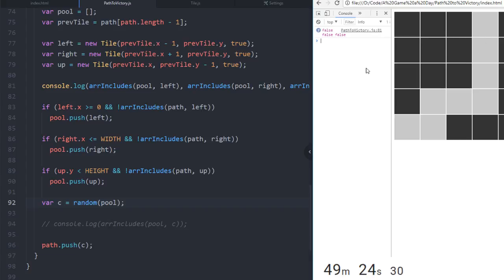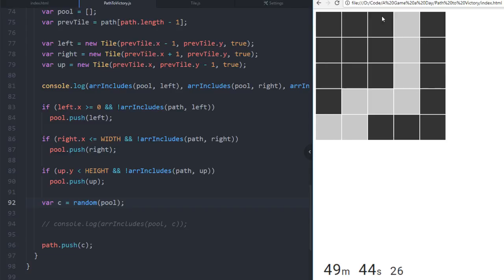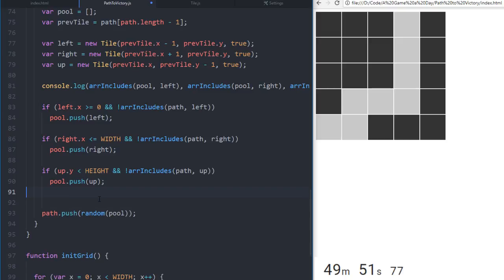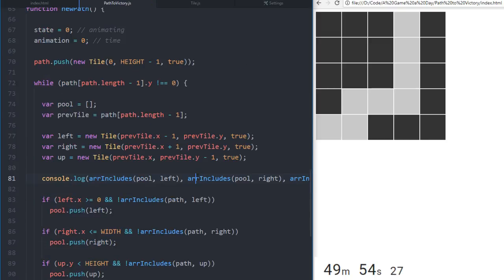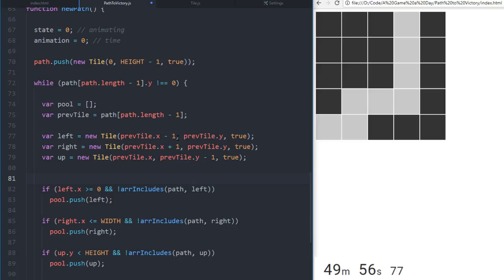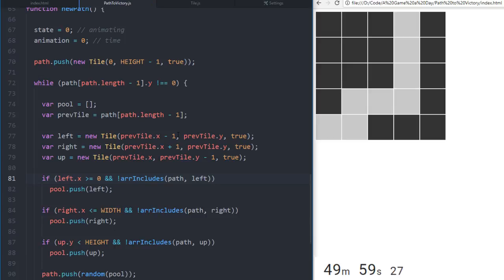There we go. Let's look at path. That was so silly of me. Path dot includes, nope. Includes new tile. Can I check the object? 0 for true. I always do that. False. Okay, yeah, we did need the array. Let's just push random from the pool. There we go. Whoever watches this later is probably going to scream at me for that. That's what I get.